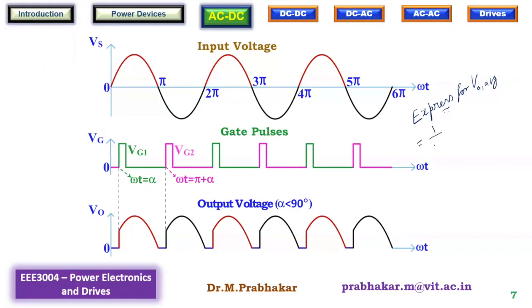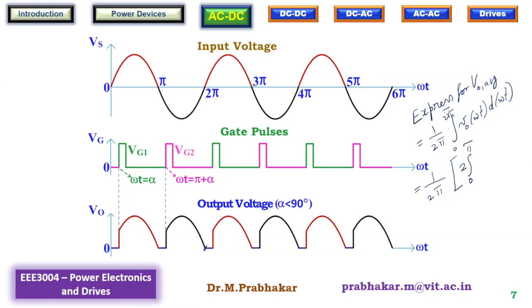As usual, classical integration. 1 by 2 pi integral 0 to 2 pi V0 of omega t d of omega t. This is the integration that you need to perform. So from omega t equal to 0 till 2 pi, you need to integrate. You have two waveforms which are symmetrical, so I can simply put integral 0 to pi, 2 times.